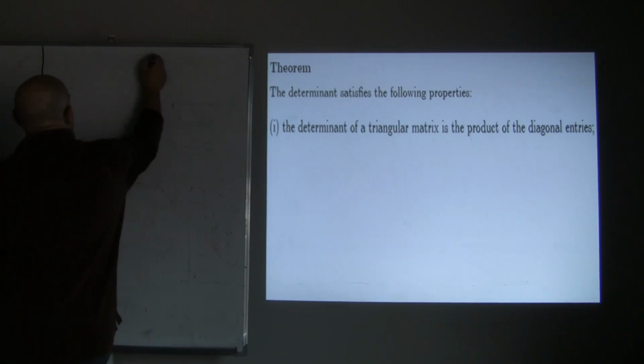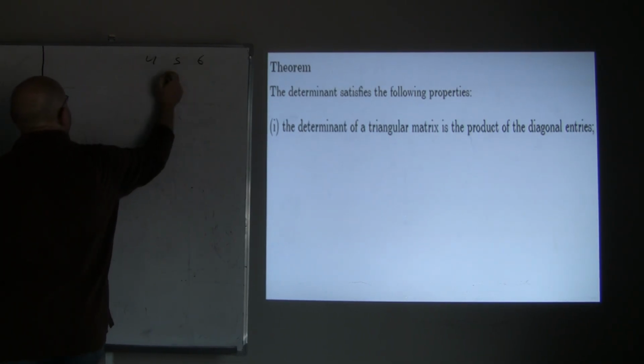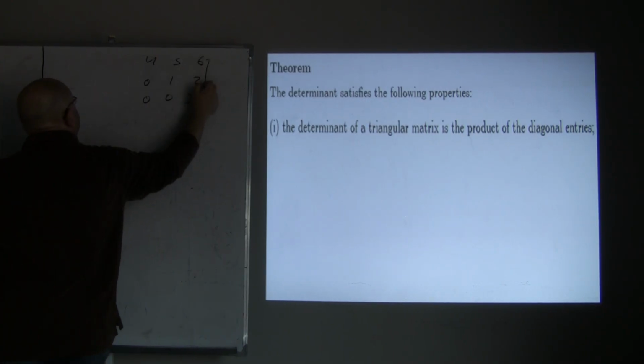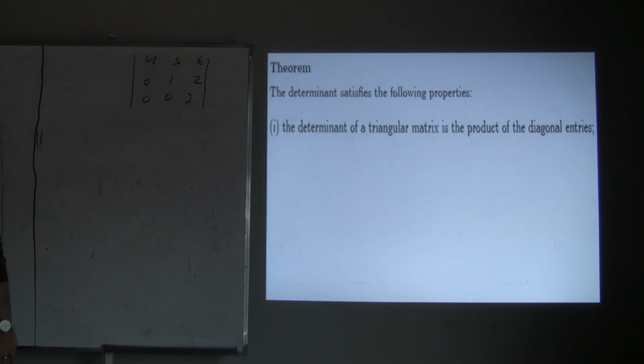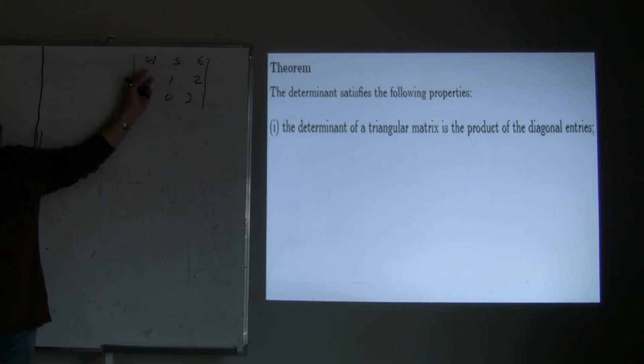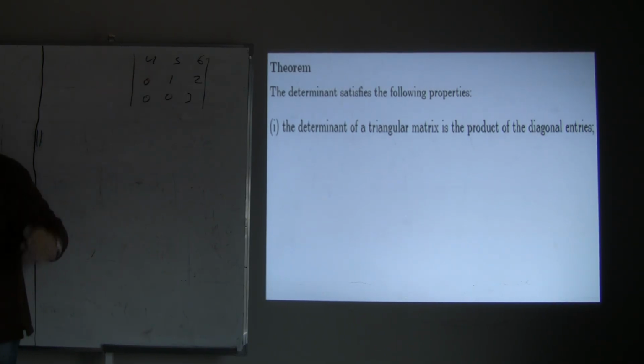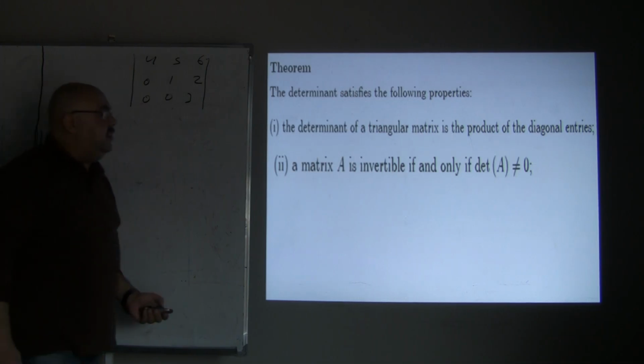For example, if I have 4, 5, 6, 0, 1, 2, 0, 0, 3, that's an upper triangular matrix. See, the numbers are in the upper triangle. So the determinant is going to be very simple: 4 times 1 times 3. That's it. Okay? That's a very nice step.